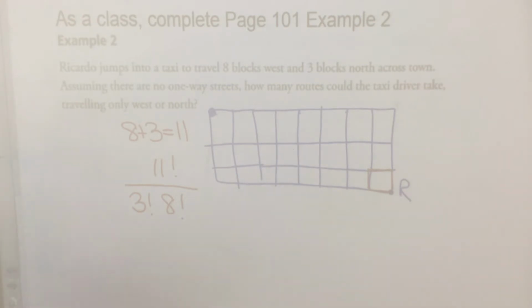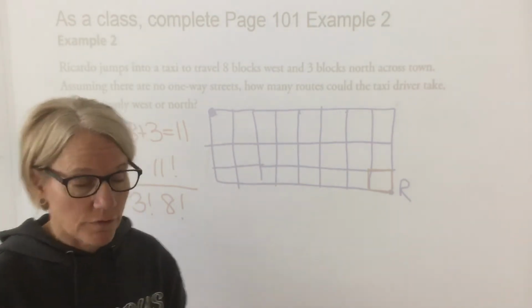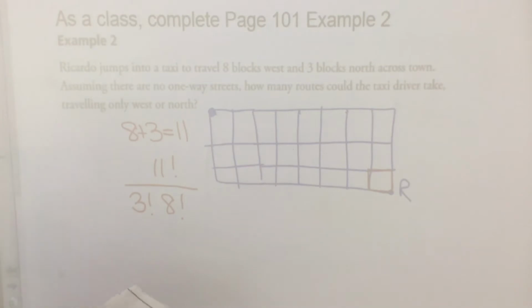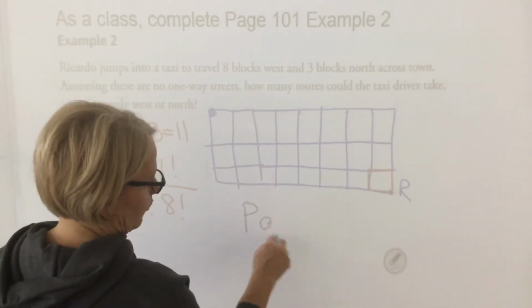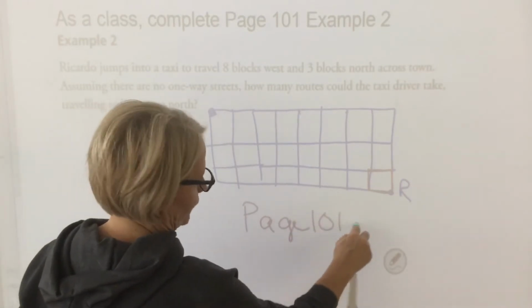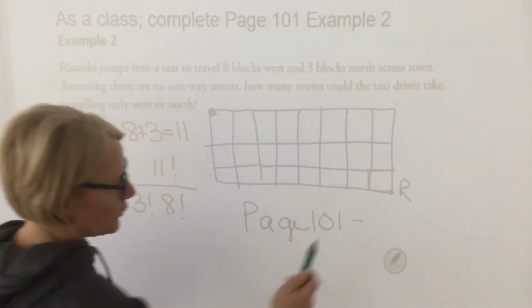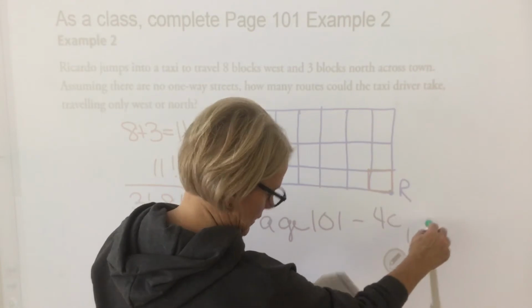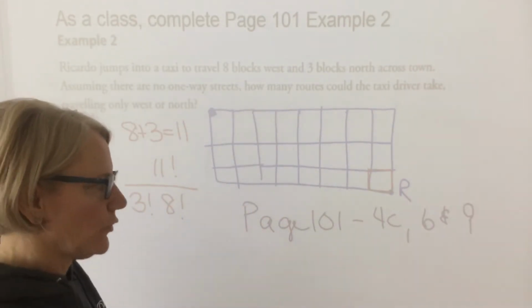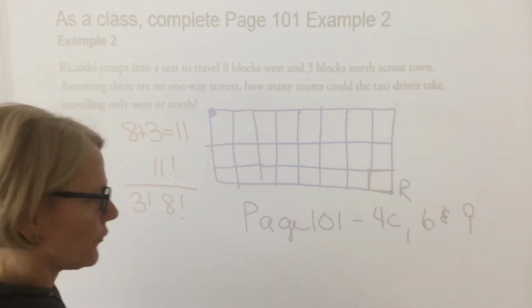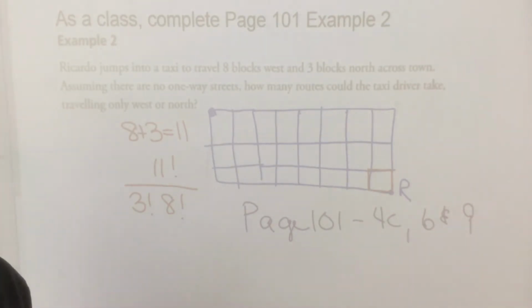Okay, so we're going to pause. I'm going to let you practice one more time with this idea of repeated objects. And you're going to page 101, which is the same place where your other practice problems were. And you're going to do 4C, 6, and 9. So again, once you've completed them, you've checked your answers, you're feeling pretty good about it, then you can actually begin your homework, which is in your lesson packet.